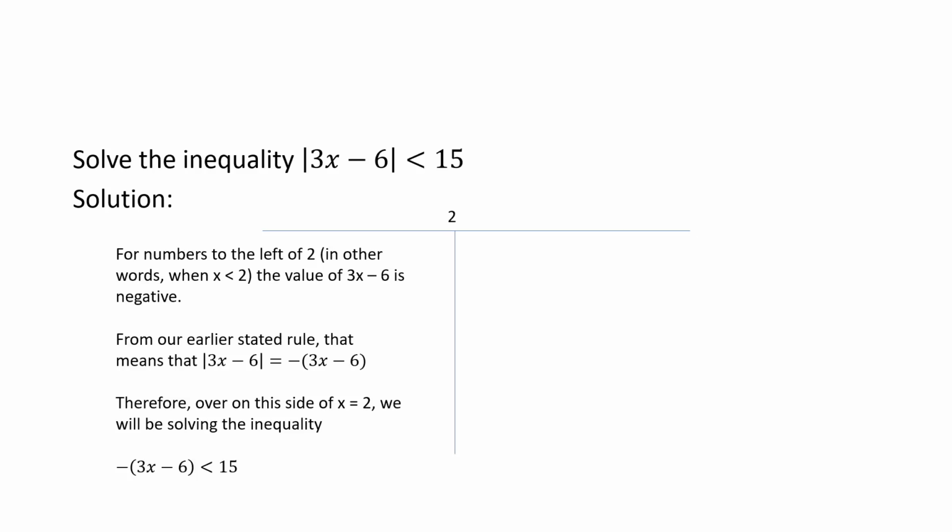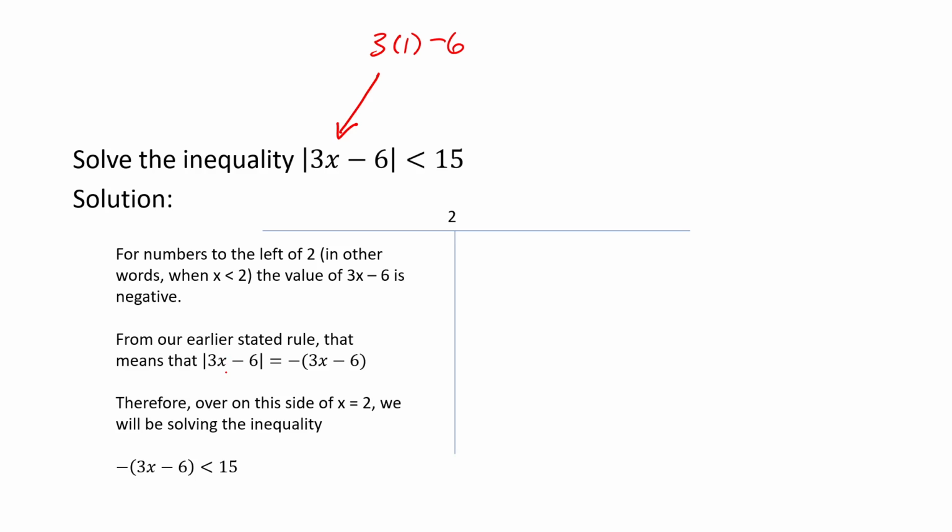Okay? Now, for numbers to the left of 2, the value of 3x minus 6 is negative. For instance, if you let x be any number less than 2, let's say 1, you would get a negative value. We learned in an earlier presentation that when w is negative, the absolute value of w is negative w.